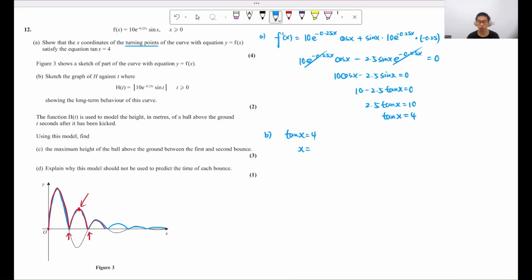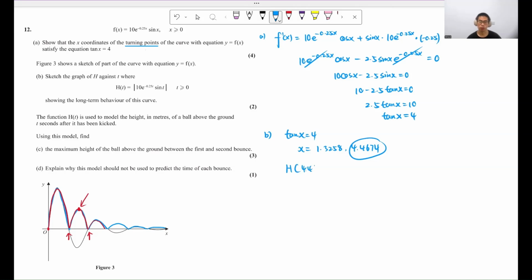If you can't see the little circle, that means it's in radians. So tan inverse of 4 in radians is 1.3258. And tan has a period of pi, so we can add another pi to get 4.4674. Since this is the second turning point, we're looking for the second positive x value, which is this one. So we substitute this into the h equation.